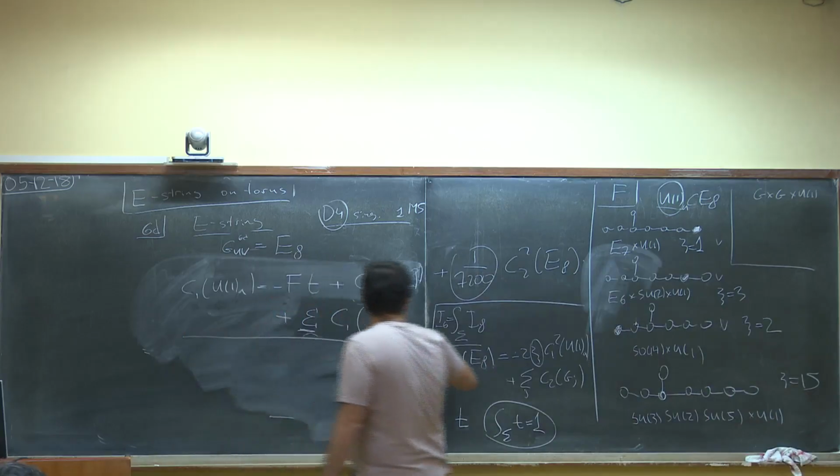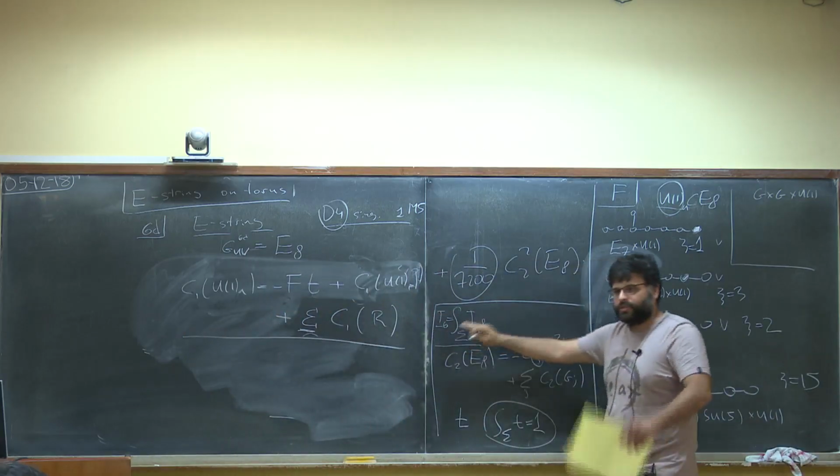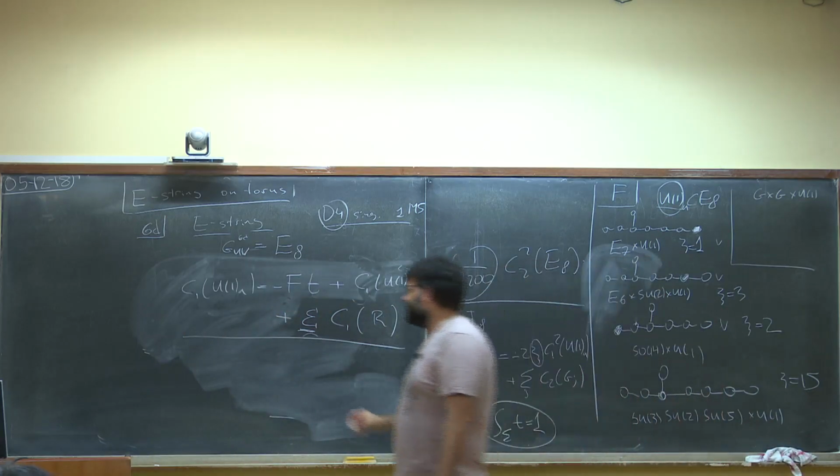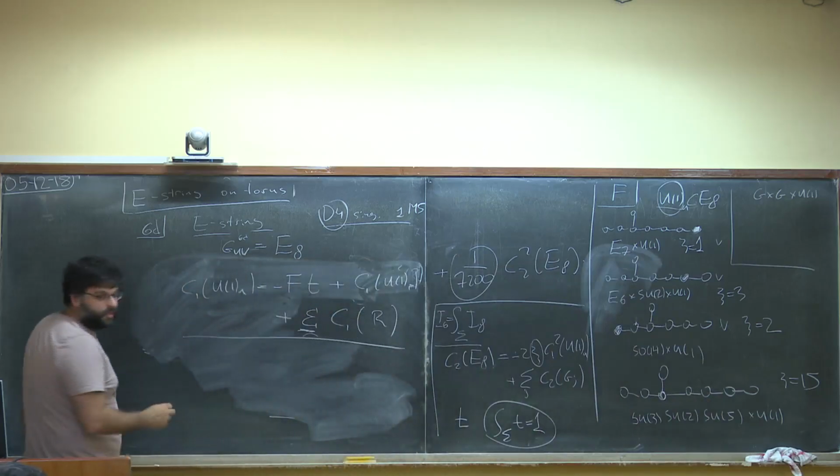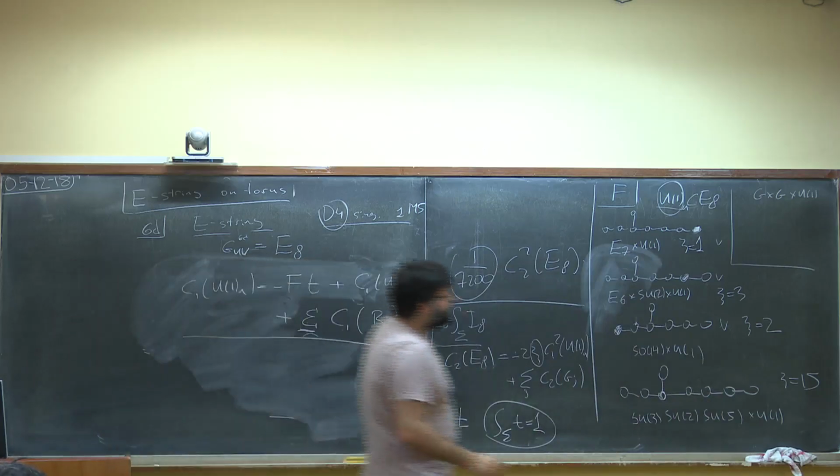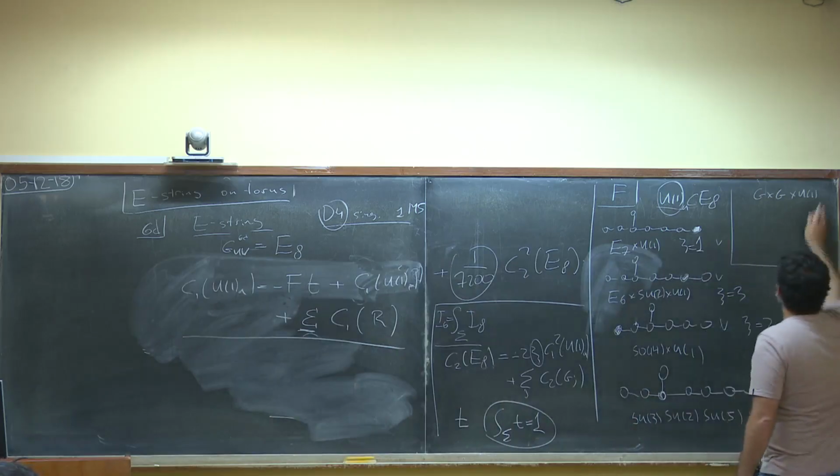So you can compute the anomaly polynomial in general, so it involves a lot of information. In particular, you can compute a and c, okay? So let me write a and c here, because I want to keep it.